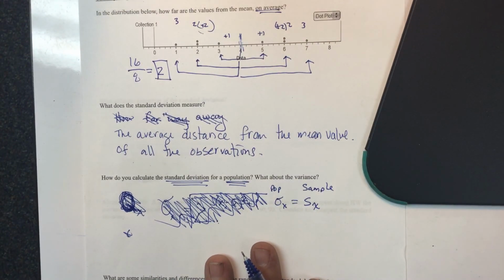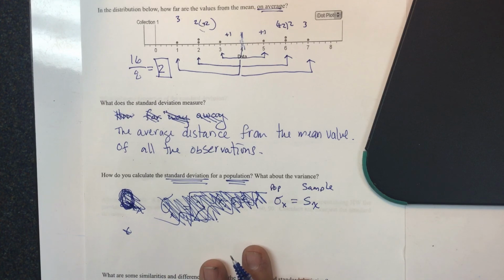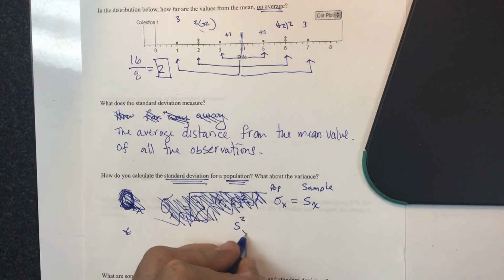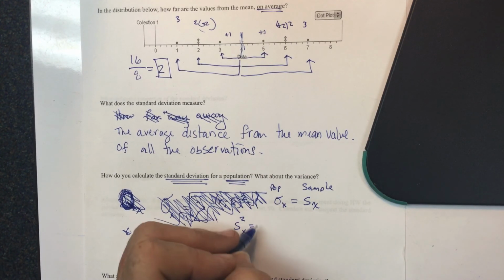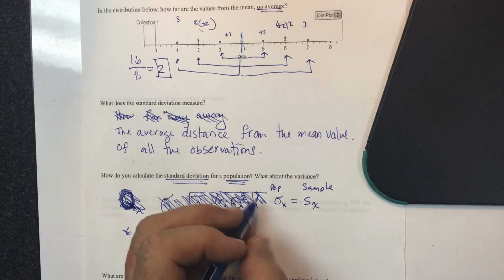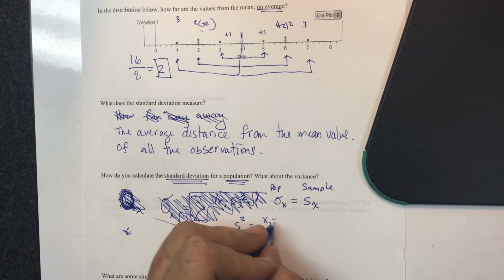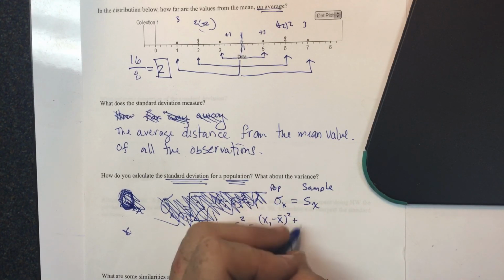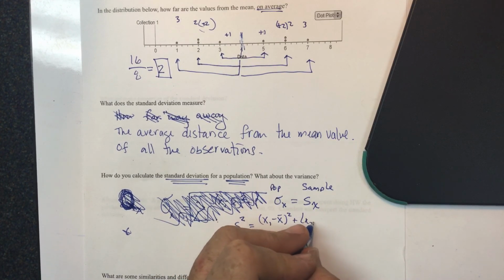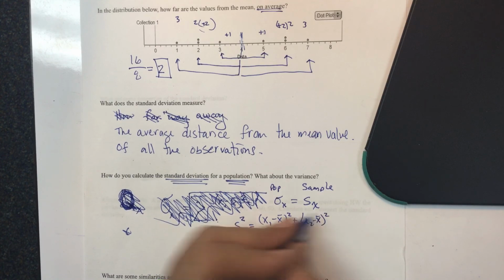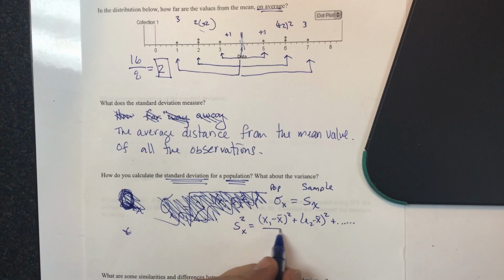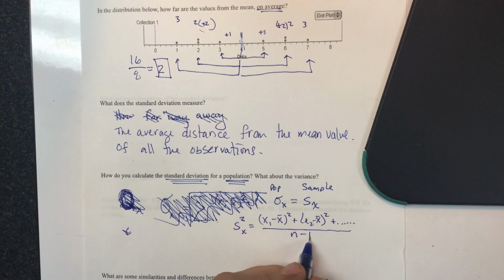So the book gives you a little bit different idea where it says s squared of x equals, and then it has this huge x1 minus x bar squared plus x2 minus x bar squared plus, and then it just goes dot, dot, dot, and then it has n minus 1, right?